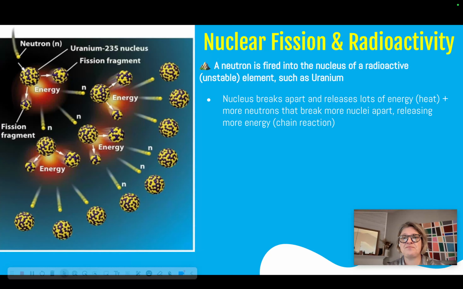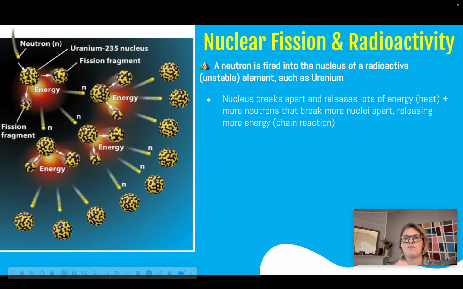But basically, with nuclear fission, a neutron is fired into the nucleus of this unstable radioactive element. And the element that we use most commonly in nuclear power plants at this point is uranium 235. It releases a ton of energy, and when that energy is released, it's released as heat.